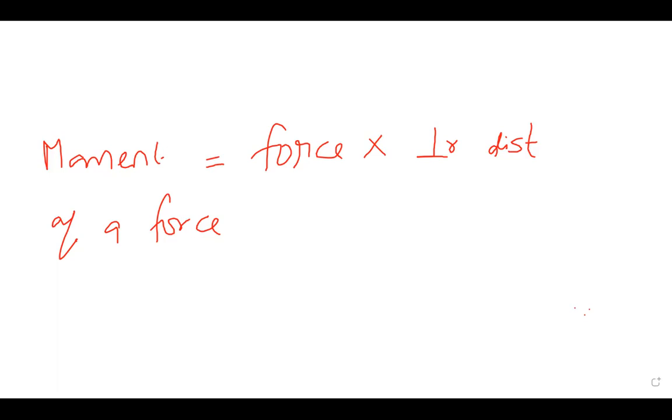That is the reason why the handle is placed at the edge, because it is easier to push or pull from that edge. Otherwise the handle can be in the middle of the door also, but then the distance from the hinge will be less, so the moment will be less, so it is difficult to open when we are pushing from the middle of the door. Clear? Clear.